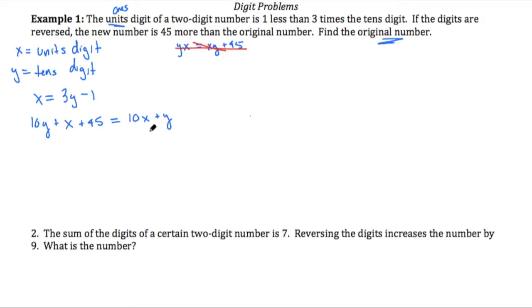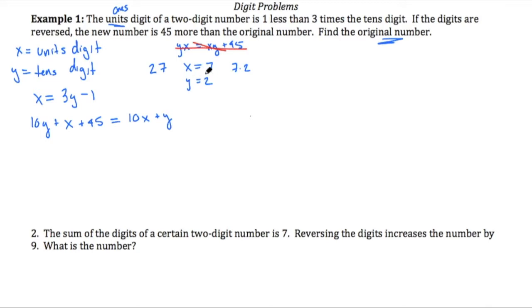So recapping that one more time, because that was a lot to digest. We multiplied the tens digit by 10. That moves it into the tens place. If we think about the number 27, where x is 7 and y is 2, I can't just simply put 7 next to 2. That would look like 14.